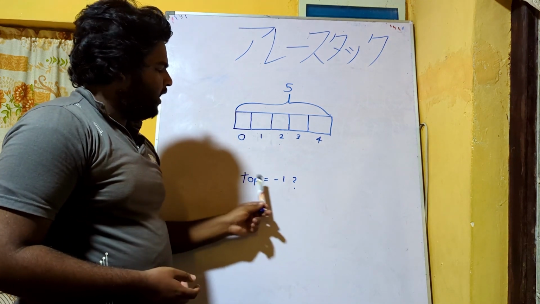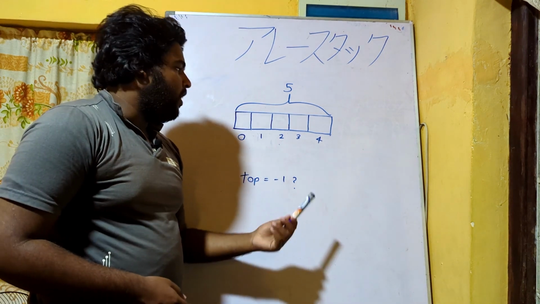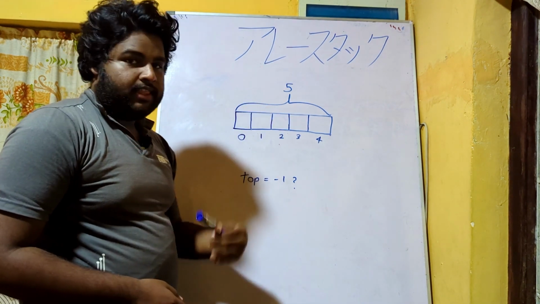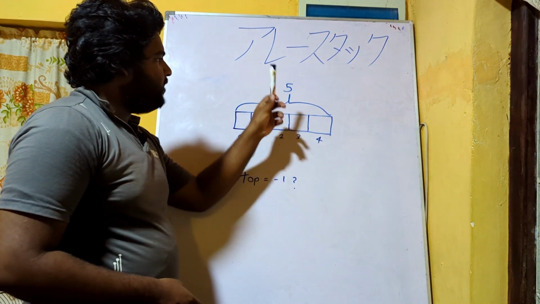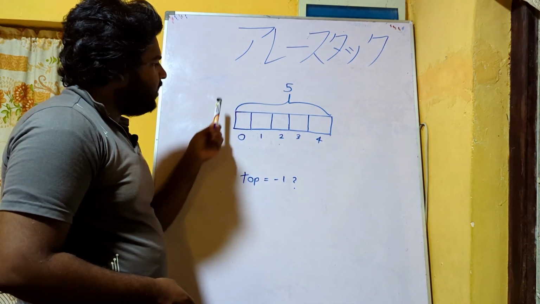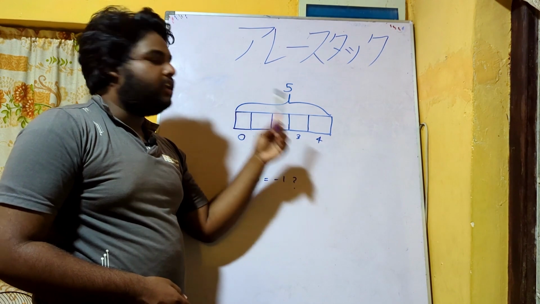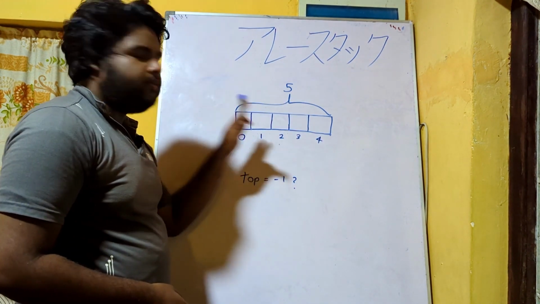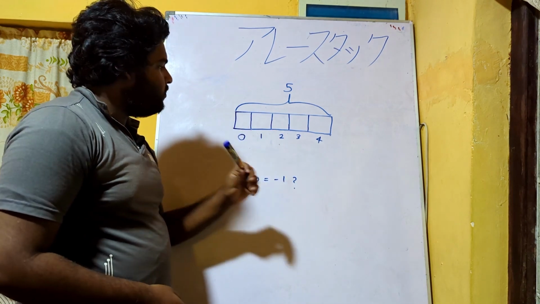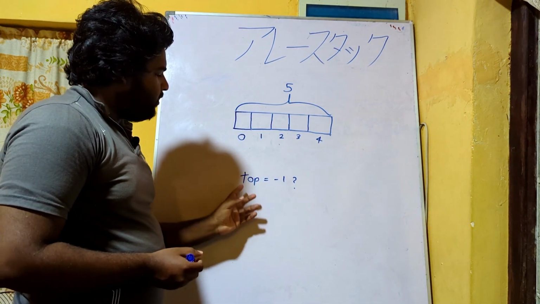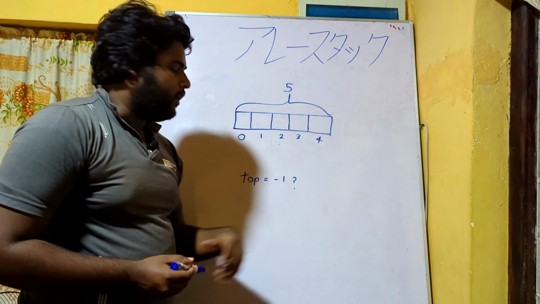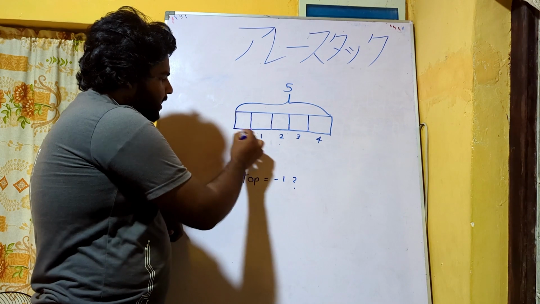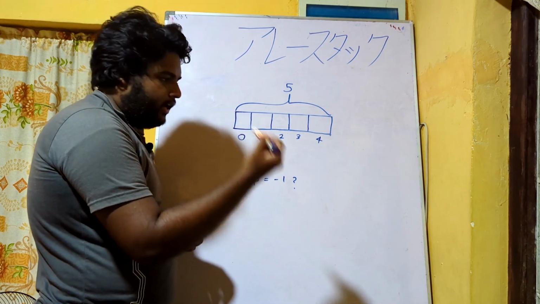What does this top equal -1 actually mean? When we declare the stack, which is done in the constructor, we set the size, but we don't actually add any elements into the stack. So while declaring the stack, there are no elements within the stack. So why would we make the top equal to -1? Our top's purpose is to show the index of our head element.